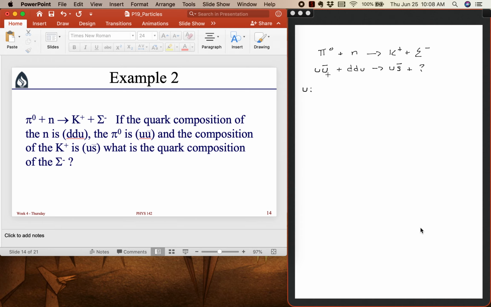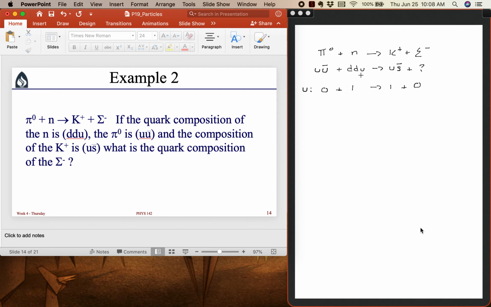So we have an up and an anti-up, that sums to 0. We have an up quark here in the neutron, so we have 1 up quark there. So that goes to 1 up quark here. And then, we already have a balance in up quarks, so this mystery particle would have no up quarks.